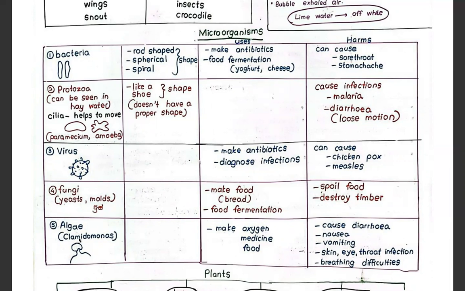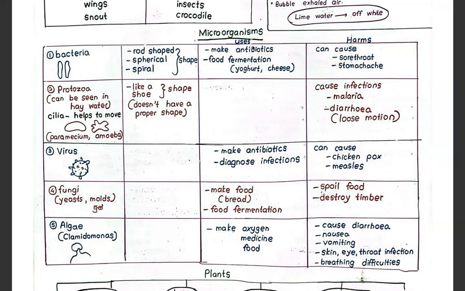So once you take bacteria, there are three different shapes. That is rod-shaped, spherical-shaped, and spiral-shaped ones.